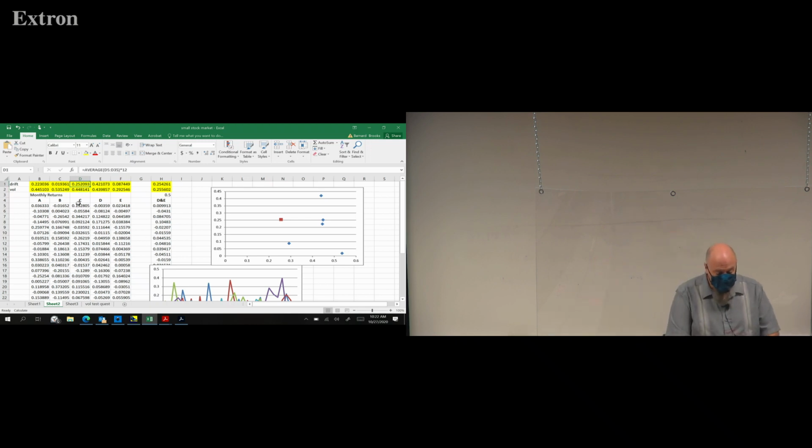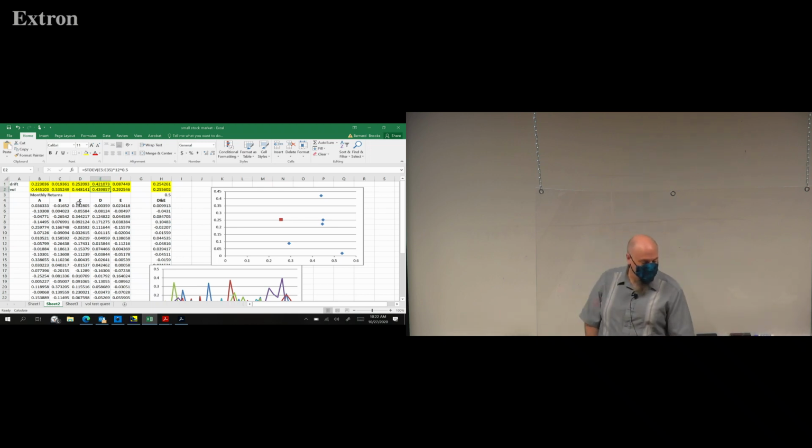And the reward for C, the drift is higher. So far, I'm arguing that I should just buy D. Let's look at E. Slightly less risk, way more reward. So far, I should just buy D.